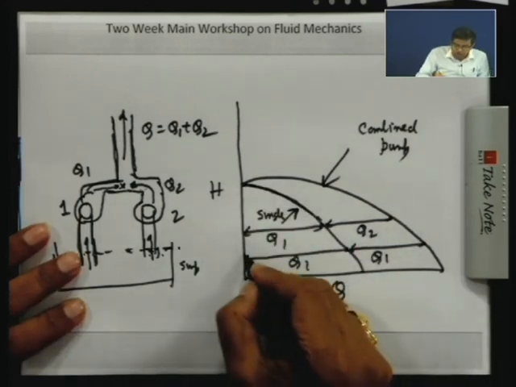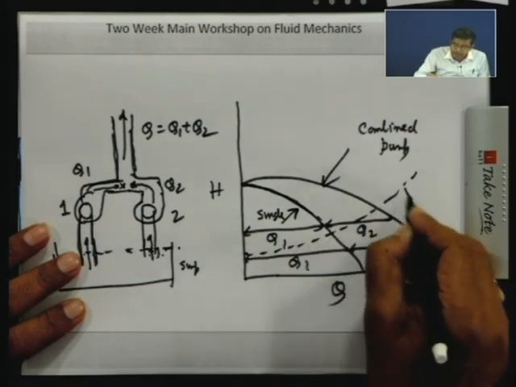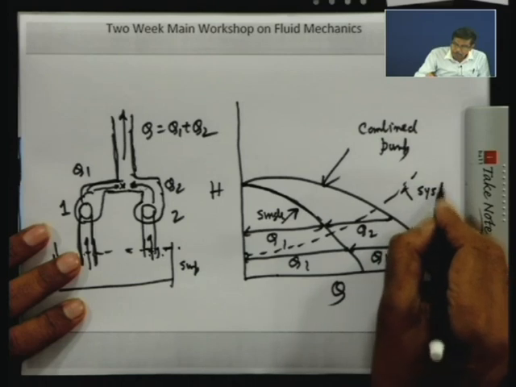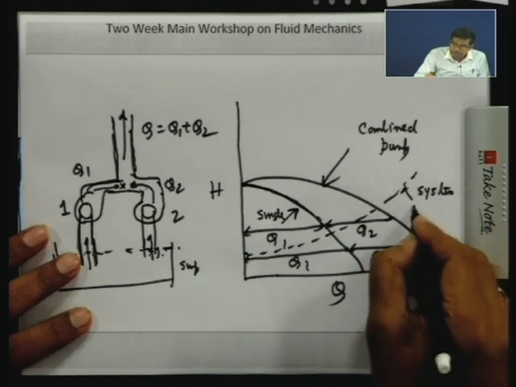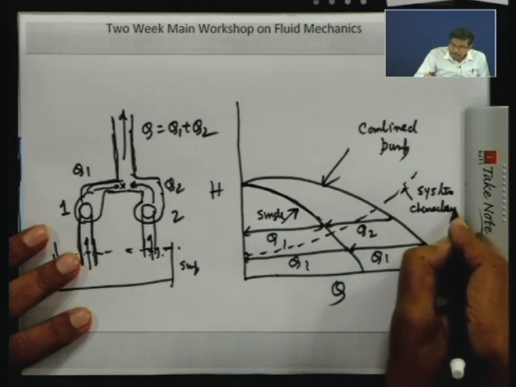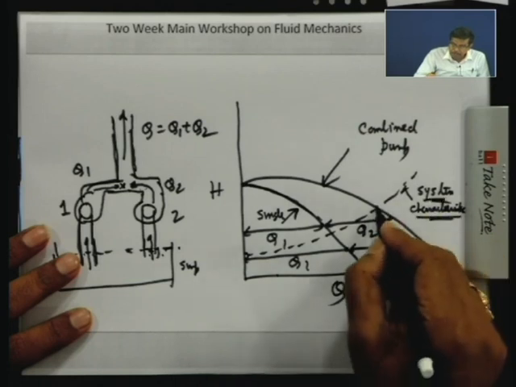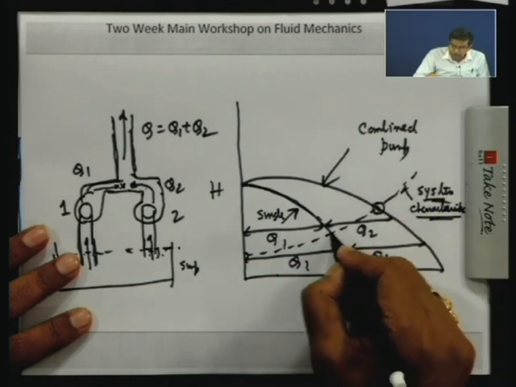This is for the single pump and this is for the combined pump. Here also, if this is the system resistance or system characteristic, this is the operating point for the single pump.